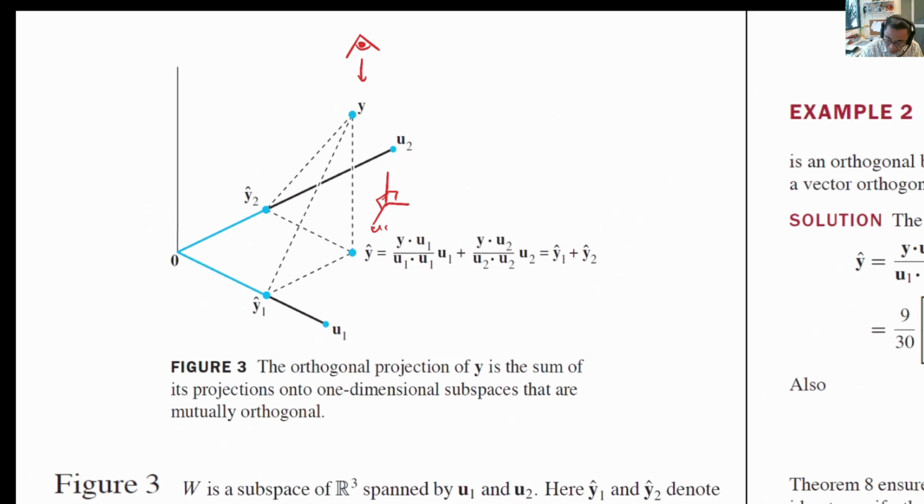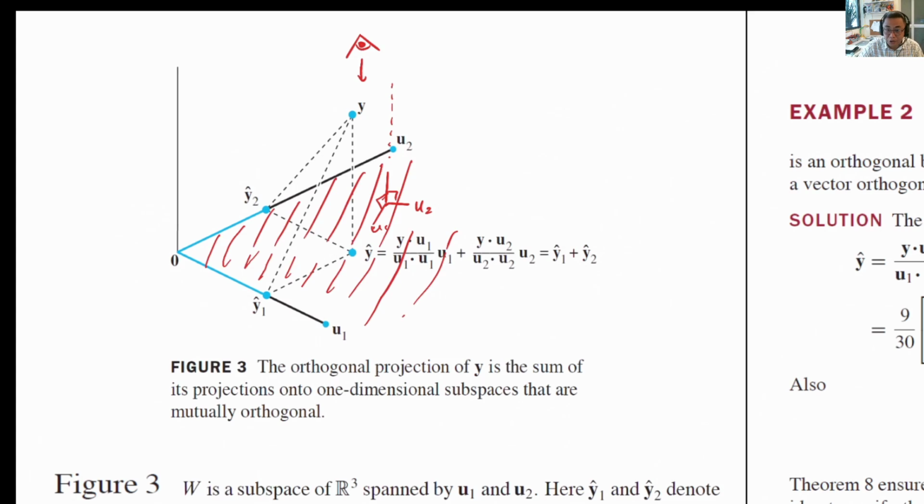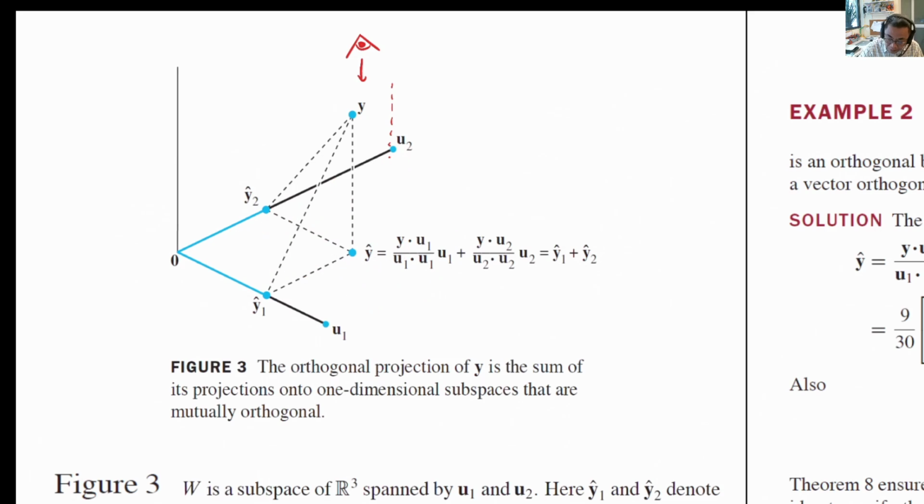So let's say this is u1 and u2, and your eyes are directly perpendicular to that. u1 and u2 create a subspace called W, which we have shaded here, where any vector in this shaded region can be formed by linear combinations of u1 and u2. When we project y onto the subspace W, y hat will land on the W space.